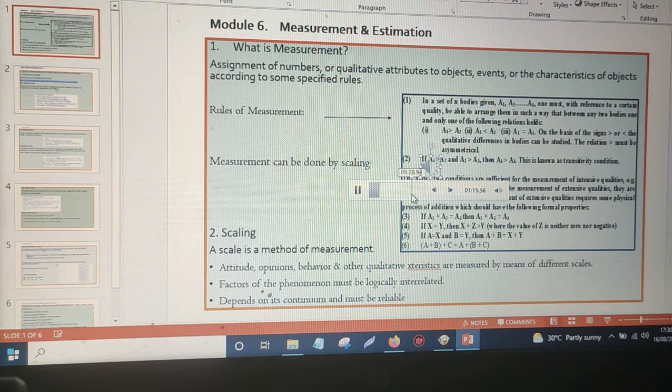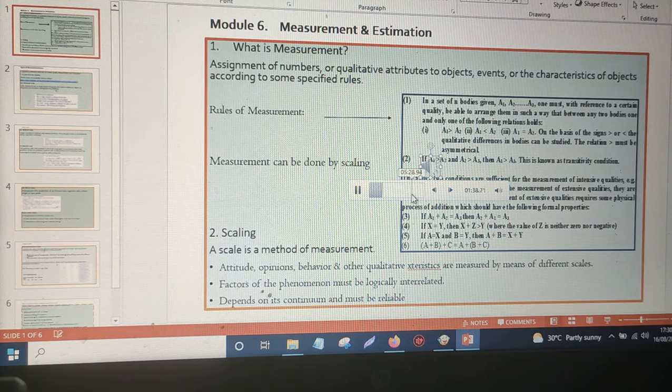Now, for the qualitative measurements, there are two categories or two conditions. Two conditions are possible for that. One, you can say A1 is greater than A2. That sounds quite normal.